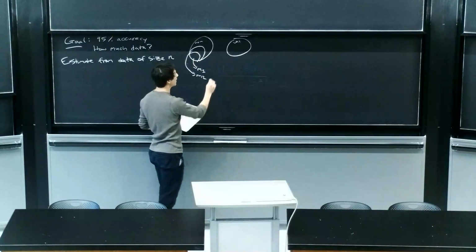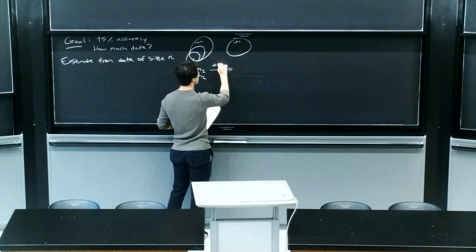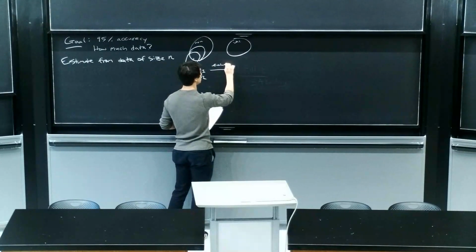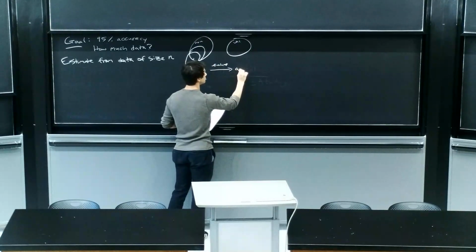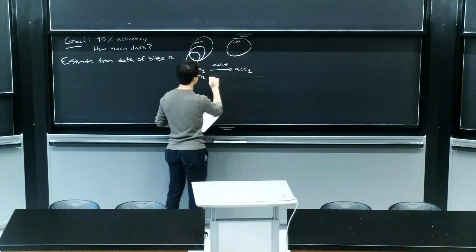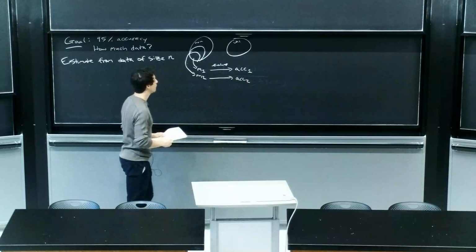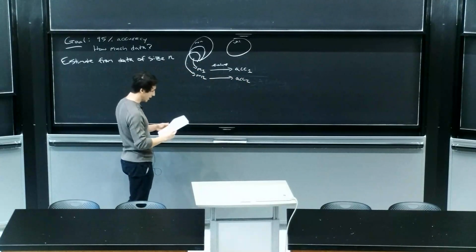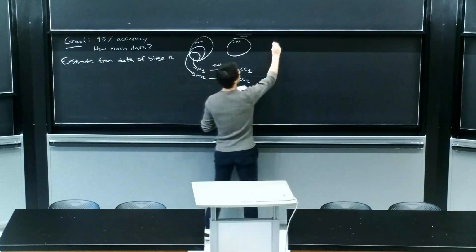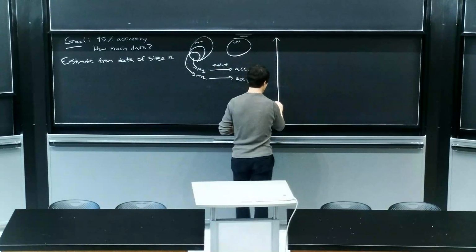And for each of these models, you can evaluate its accuracy on the validation data. That will give you a plot that looks something like this.